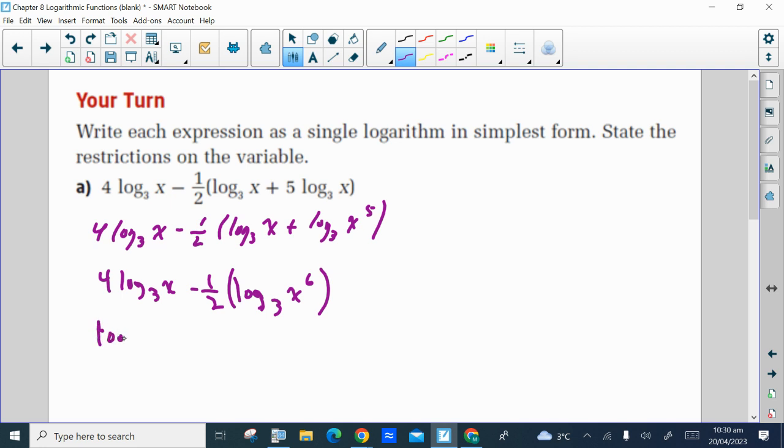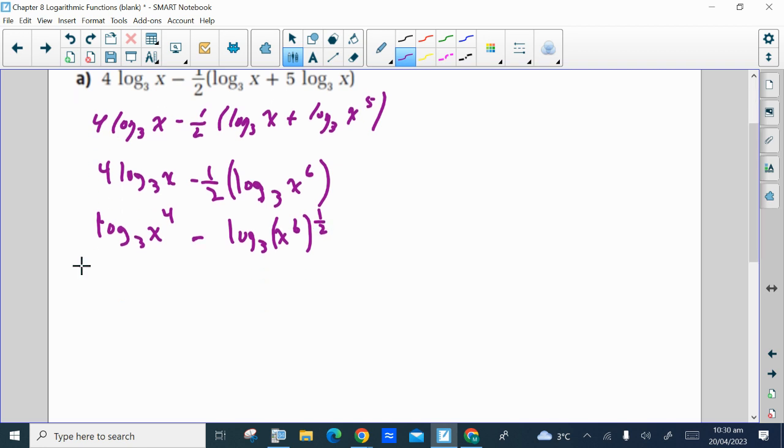So I can take that first term and bring the coefficient up as an exponent. So it'll be log base 3 of x to the 4th. Same thing with the last term. I'll have log base 3 of x to the 6th to the power 1/2. And when you have one exponent raised to another, you multiply the exponents.